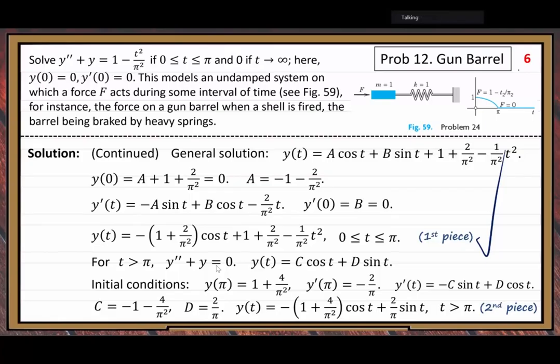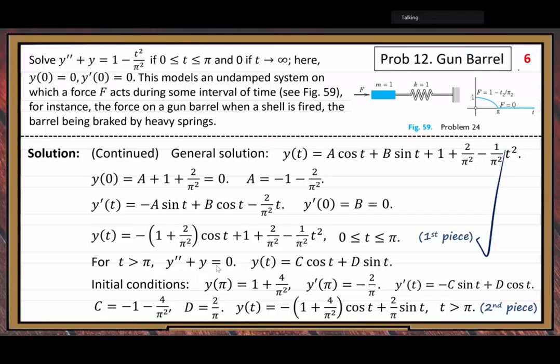This equation and the general solution has no problem. Capital C, capital D. The last thing we need to be very careful about is when we determine capital C and capital D. We need to do things very carefully.